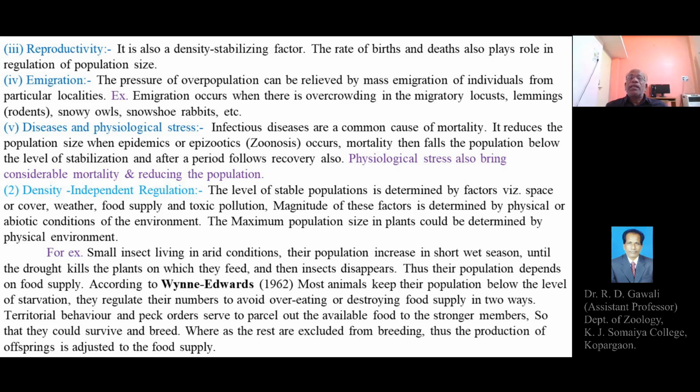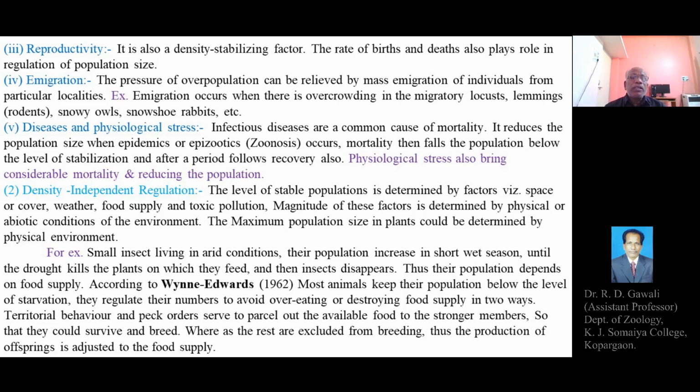Ultimately, the population size of the respective species, like small insects, will increase, and if there is a loss of food or destruction of the food during the drought period, the population of these insects, or whatever species depends upon that type of food, will decrease. So this is the density independent regulation.